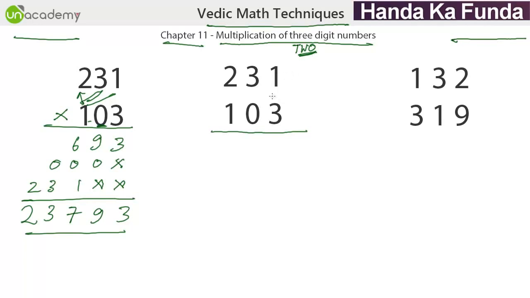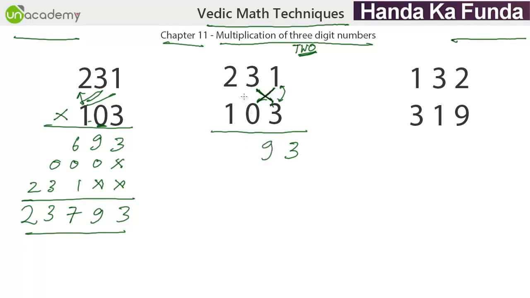So now, how do I actually get the result faster? For getting the last digit, I just multiply the last two digits here, which gives me 3. For the second last digit, I do a cross here, like I did in the 2-digit numbers case. I do a cross between these two, which will give me 3 and 3, 9. And 1 into 0 is 0, so I'll just get a 9 directly.